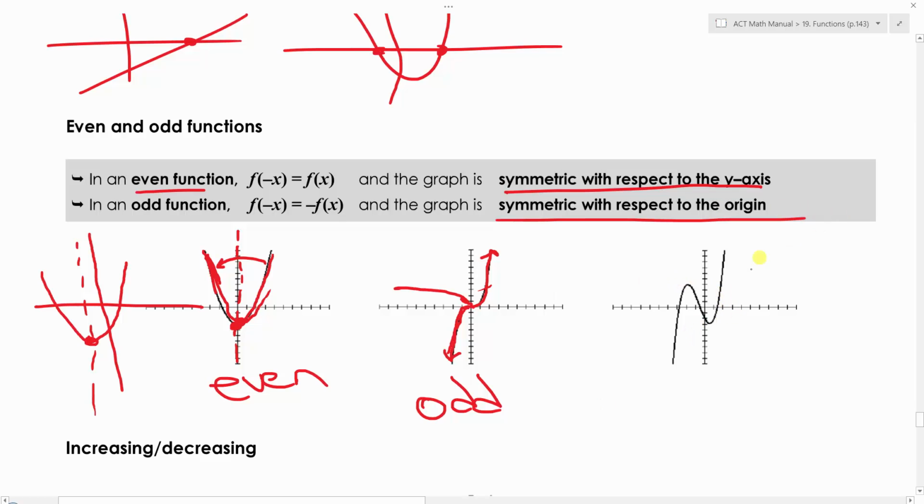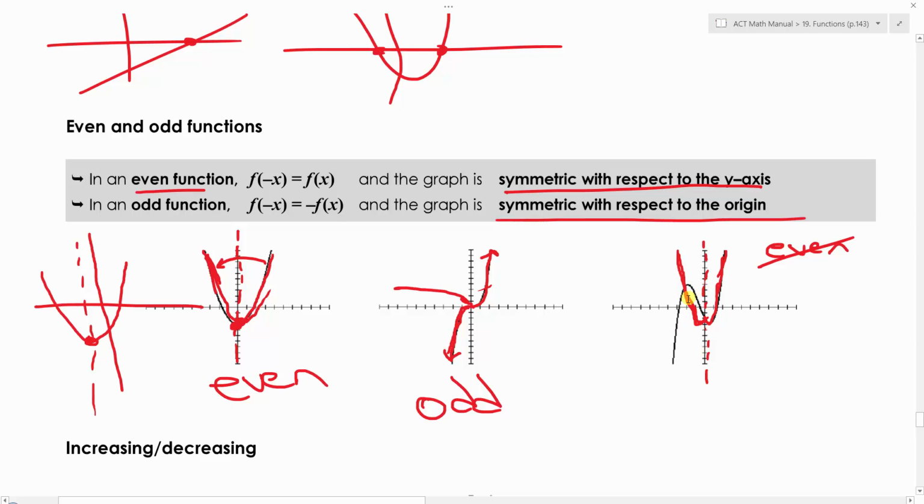So in this third example here, it should be pretty clear that this is not an even function, because here's my y-axis, and this thing obviously is not symmetric with respect to the y-axis. If I just consider this piece on the right, reflecting that over the y-axis would look like this. So I can see that the graph does not match up with itself on the left side of the y-axis.